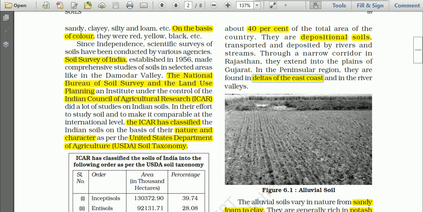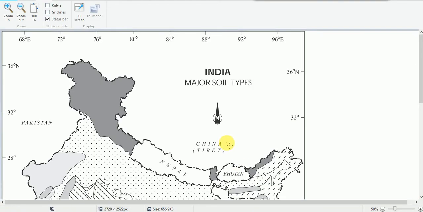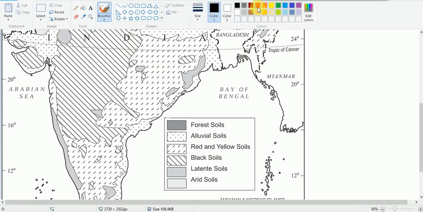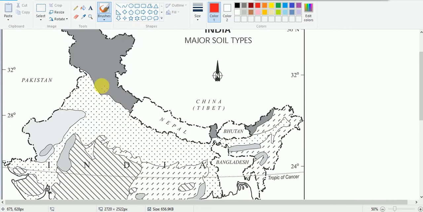So let us see the map given in your book. This pattern shows the alluvial soils, and see here the whole northern plains, including the delta of West Bengal, that is the Ganga. And through a narrow corridor in Rajasthan, it extends up to Gujarat here.